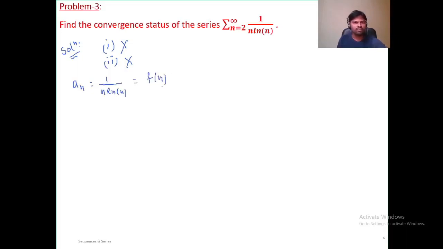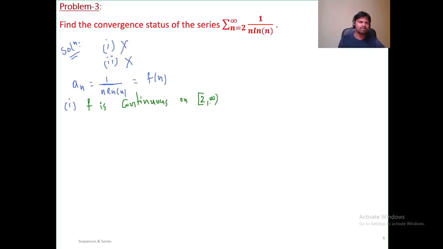So what is the first condition? We want the function to be continuous, right? So clearly the function f is continuous, because you have to look at only 2 to infinity here. Continuous on which interval? 2 to infinity.